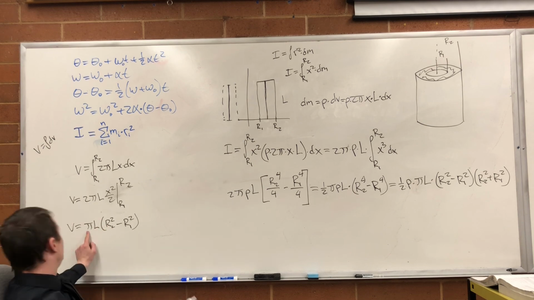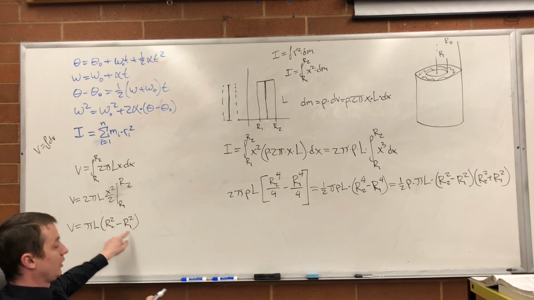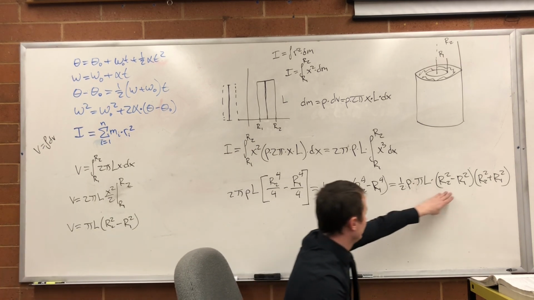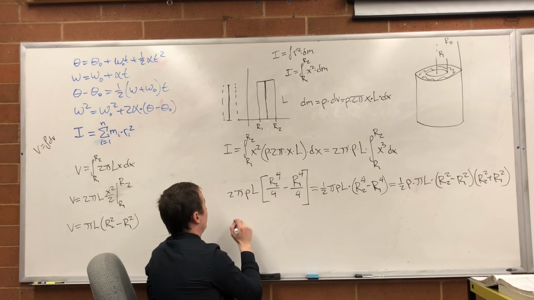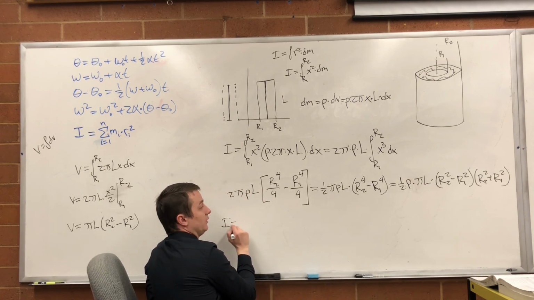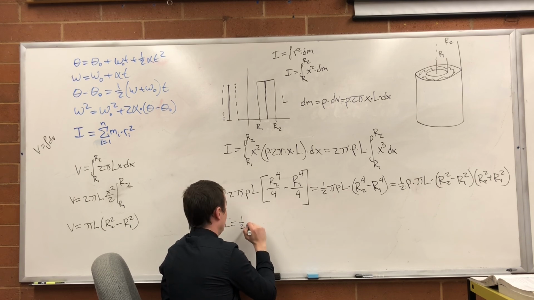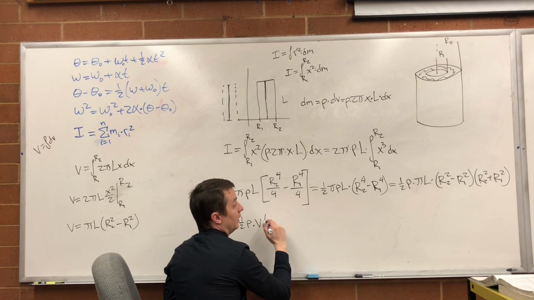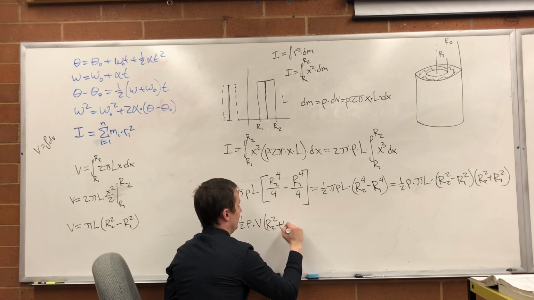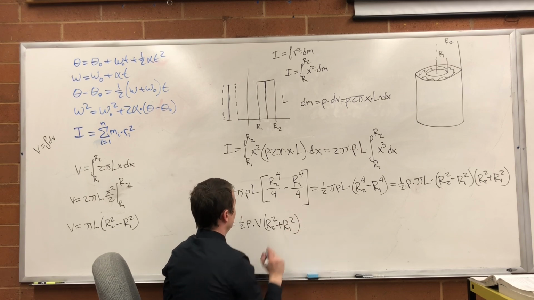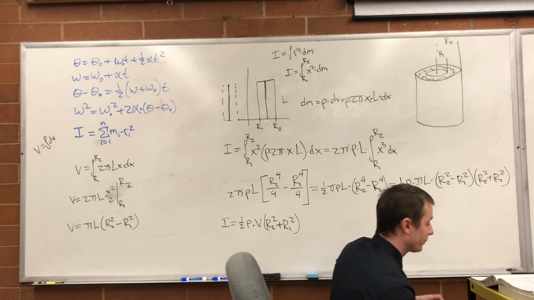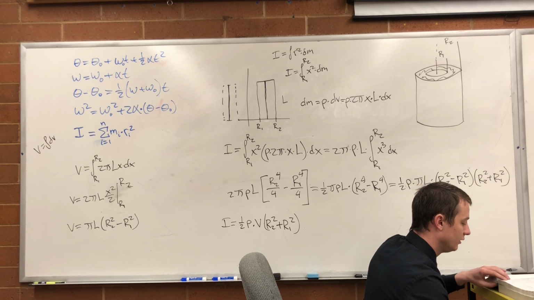And now notice pi L times r2 squared minus r1 squared, this part is just the volume. So now this can be rewritten as I is equal to 1/2 rho times the volume times r2 squared plus r1 squared. Good?